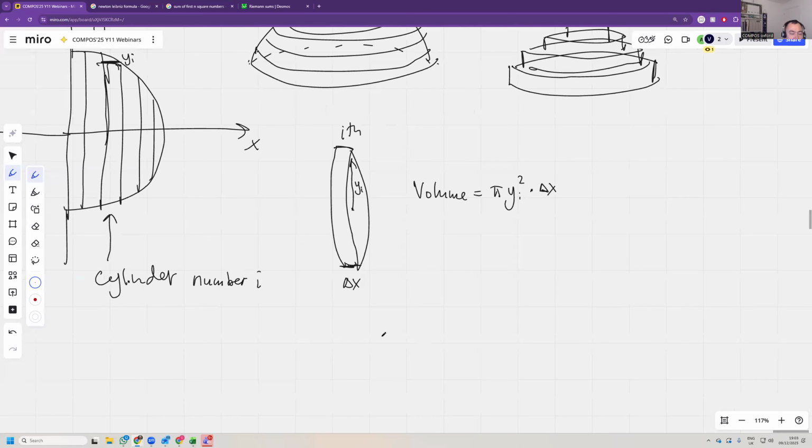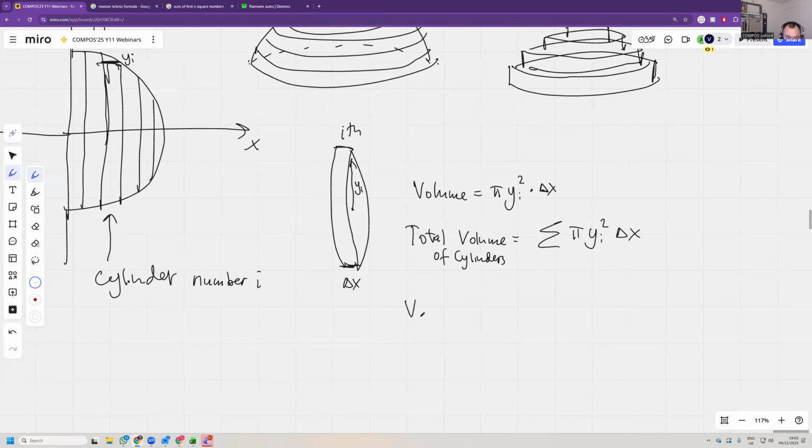Okay. And then what else do we need? Well, that's just one cylinder. So the total volume is the sum of pi yi squared delta x, the total volume of the cylinders.